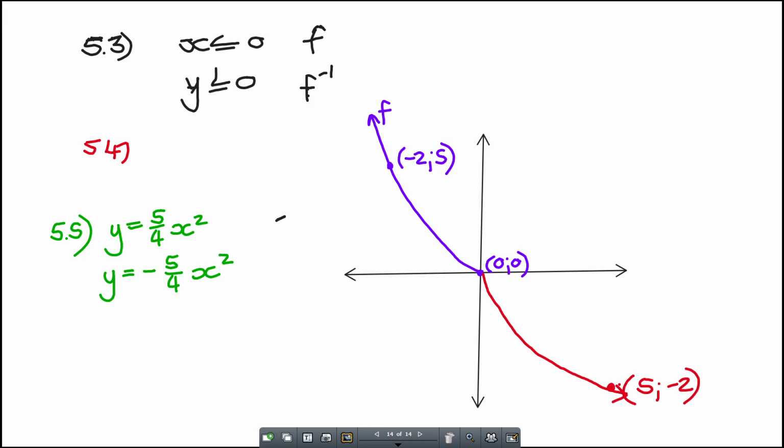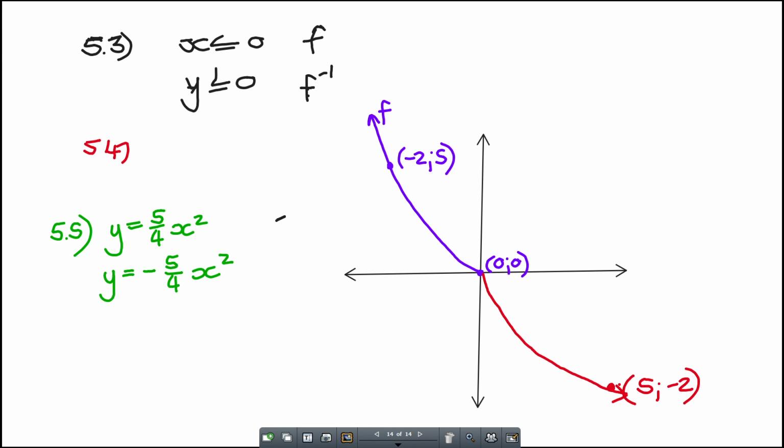Remember, last week we said when we reflect in the y-axis, y values stay the same, the x value, sign must change. Nee, so sien jy daar was 'n positief x, dan raak hy negatief x. Maar ek kan nie gaan sê 5 over 4 minus x squared, then it looks like I'm subtracting the x squared. So we put the minus in the front. See that right? Okay, so that's if it's reflected in the y-axis. And now they say after that, then reflected in the line y is equal to x, meaning get the inverse.